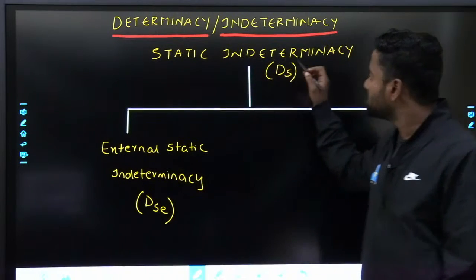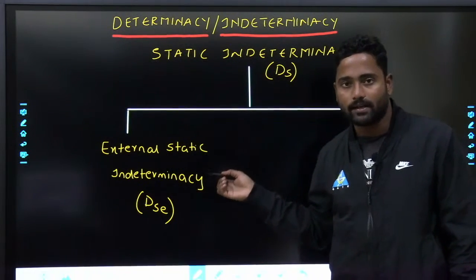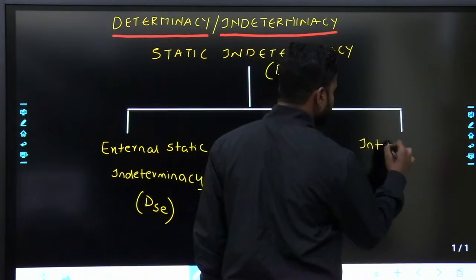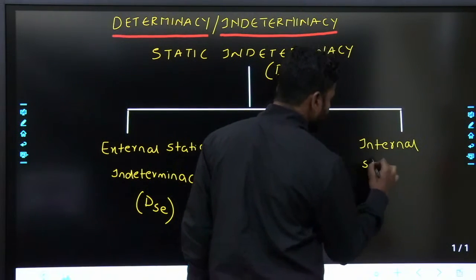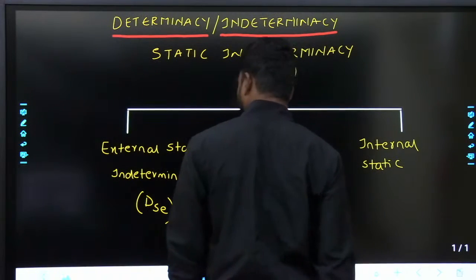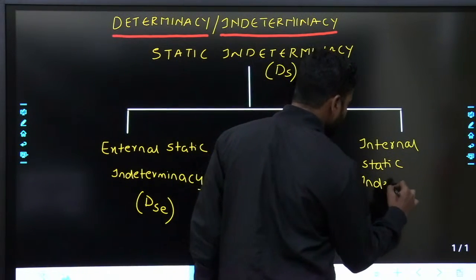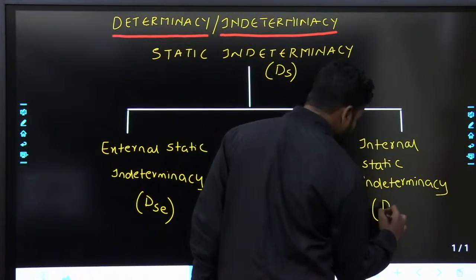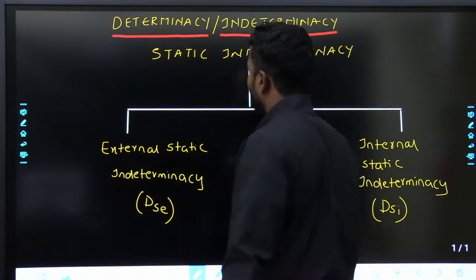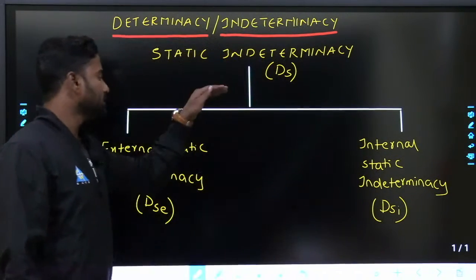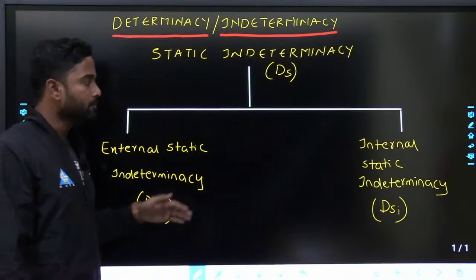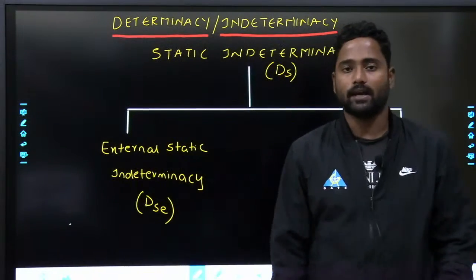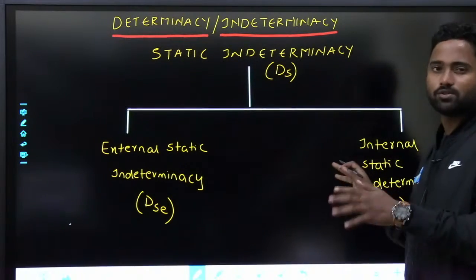External static indeterminacy is given as DSE, and internal static indeterminacy is given as DSI, which is further divided into these two topics.